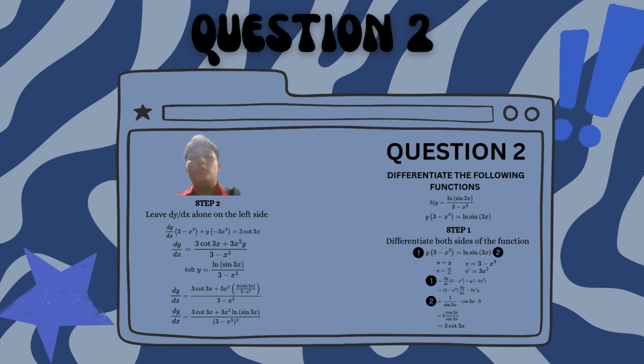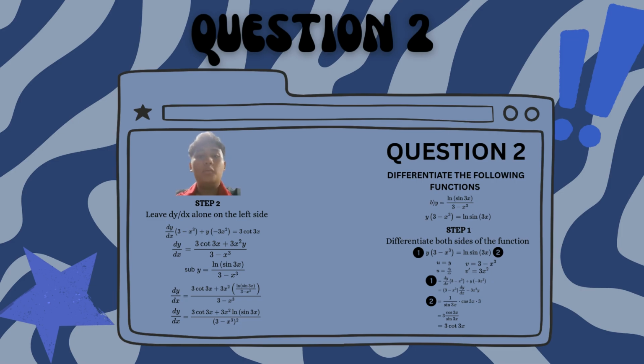And then we will put those two back in the earlier equation. 3 minus x cubed dy over dx minus 3x squared y equal to 3 cot 3x. And then we will leave dy over dx alone on the left side, so we need to bring everything not related to dy over dx to the right side.